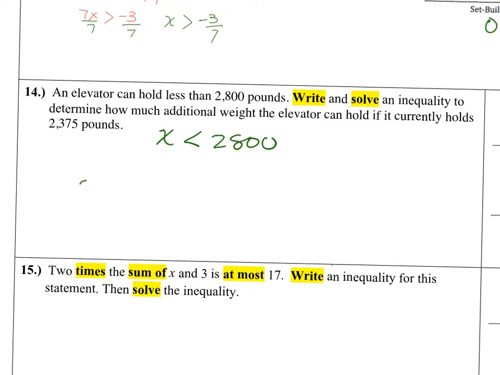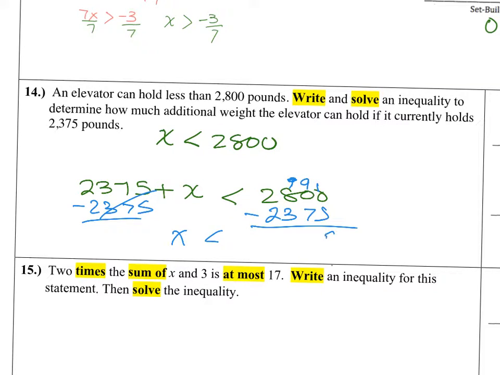Well, I know that if I currently have 2,375, that plus the extra weight has to still be less than 2,800. And then you solve it by subtracting. And when you subtract, you get X is less than 425 pounds.